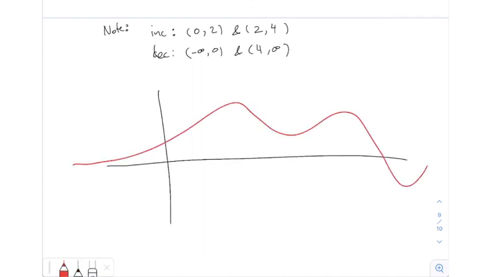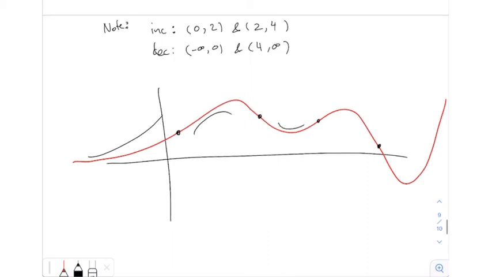If I have something like that, where are the inflection points? There's one here, because I see smiley followed by frowny. There's one around here, there's one somewhere like that, and one in there somewhere. Those are the inflection points on this picture, everywhere it switches from being a smiley to a frowny, or vice versa.